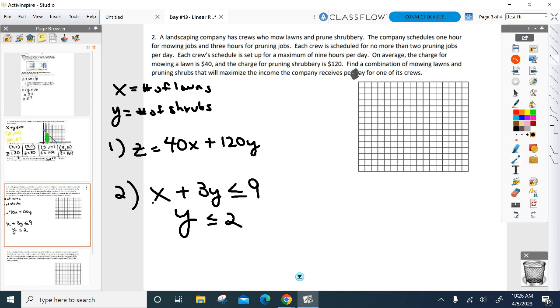Got to be first quadrant. Just take a look at the intercepts first so you see if we can go by ones or not.